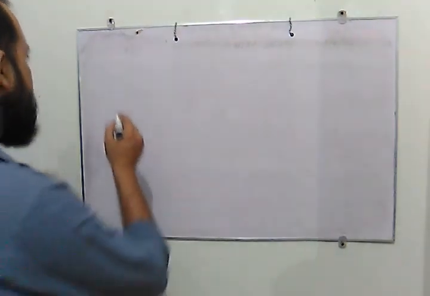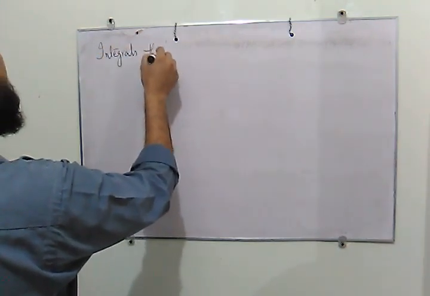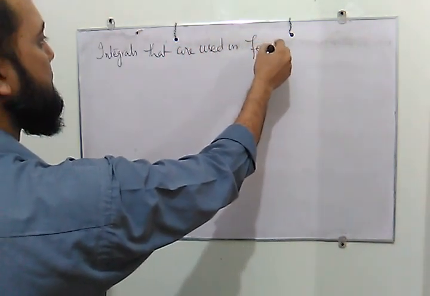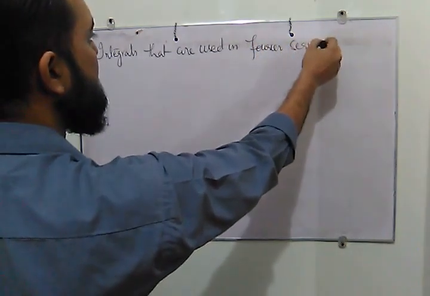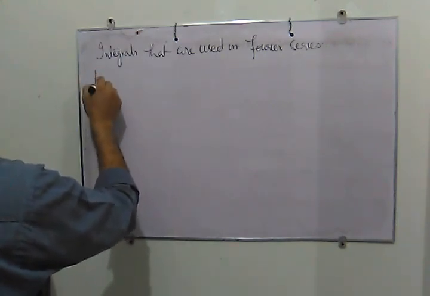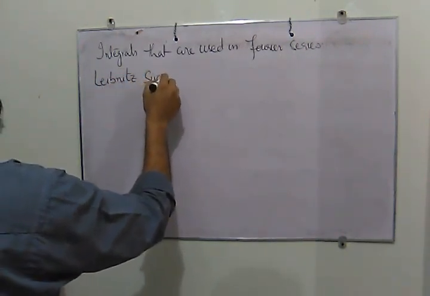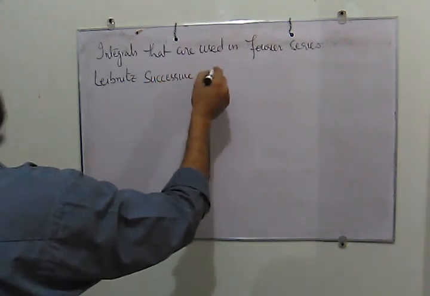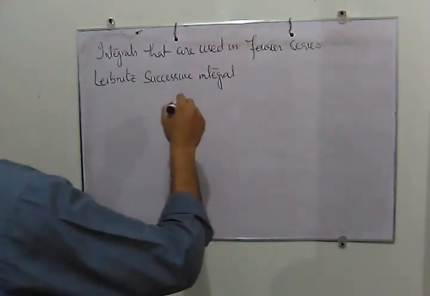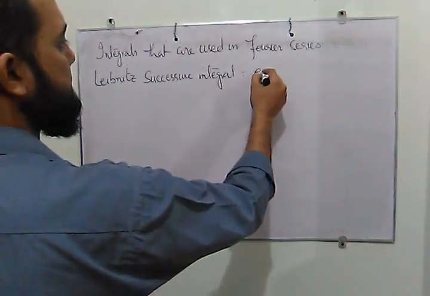Now, integrals that are used in Fourier series. This is easier than the integration by parts.